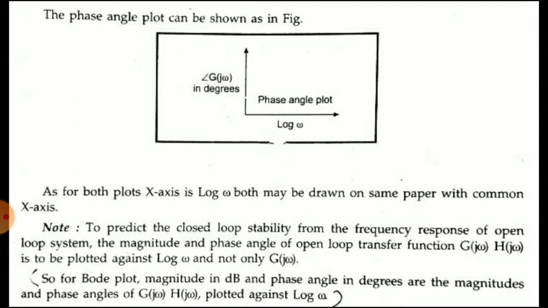So you can see for plotting the phase angle, on the x-axis there are logarithmic values of frequencies that are common for both plots, and on the y-axis for phase angle, the angle of G(j omega) is expressed in degrees.